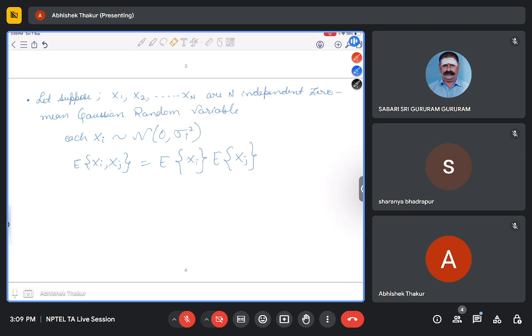So now we know that each value is equal to 0, because from here we can derive E of x1 is equal to E of x2, and so on, equal to E of xn is equal to 0.